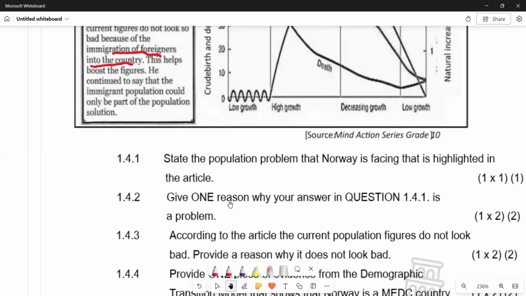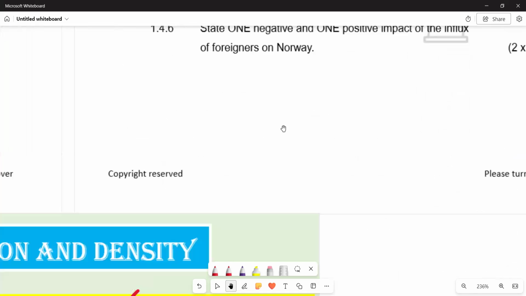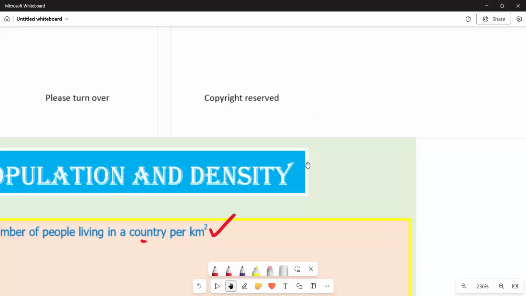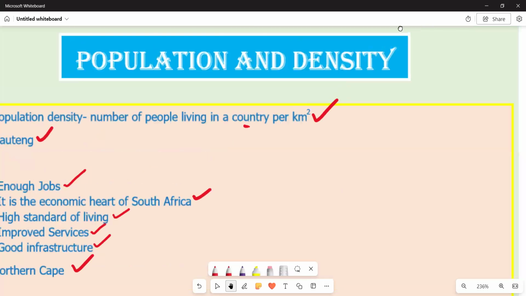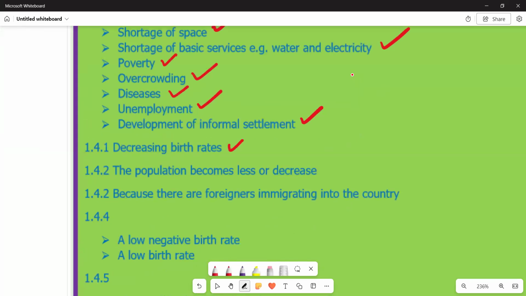So obviously we want to go to the other section for those who want to take down the response. So 1.4.3 is saying, because there are foreigners immigrating into the country is the explanation that we have. Then we go to 1.4.4.